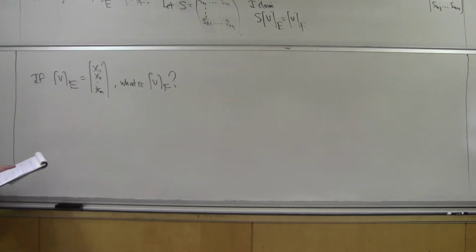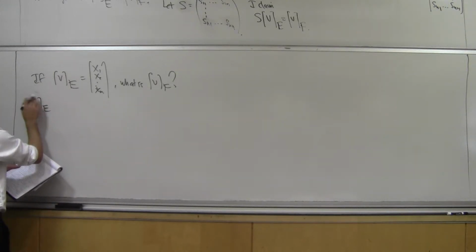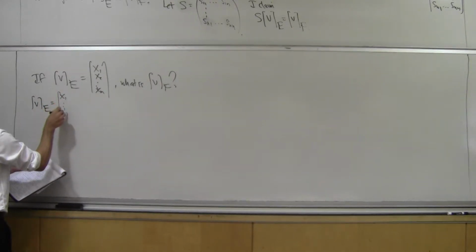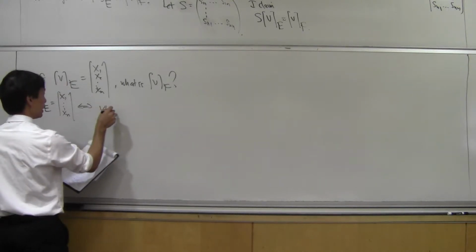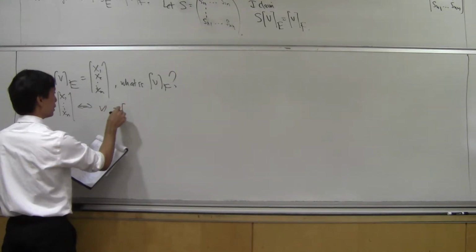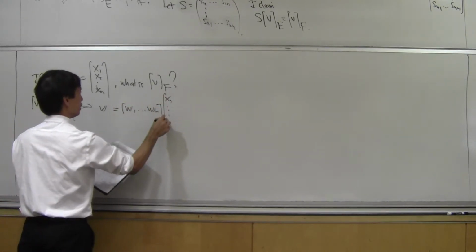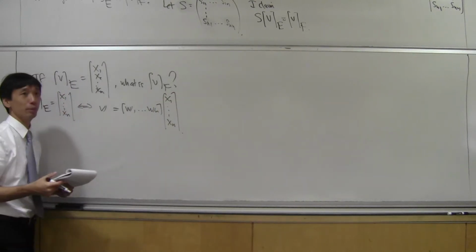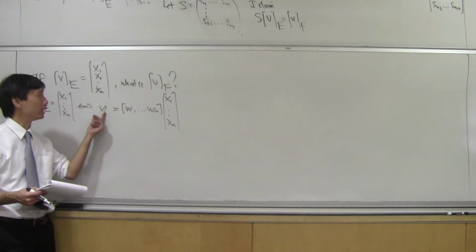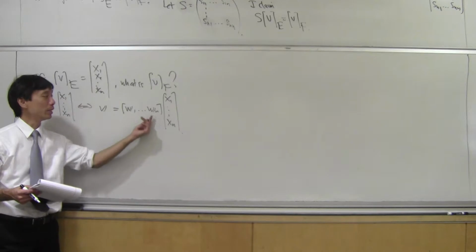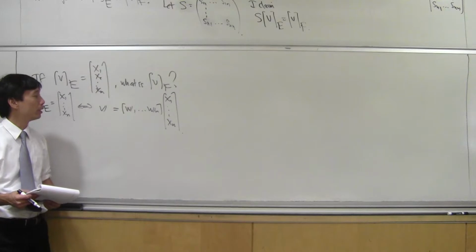The coordinate vector with respect to E being x1 to xn is the same thing as saying that V equals W1 to Wn times x1 to xn. And again, this is an abbreviation for just a linear combination statement: V is x1 W1 plus x2 W2 plus up to xn Wn.